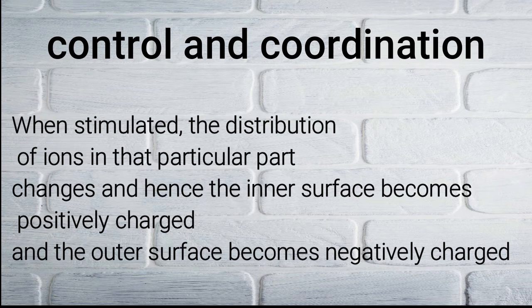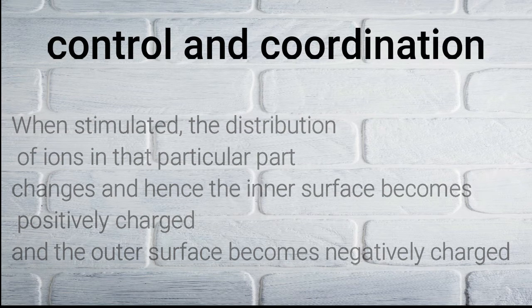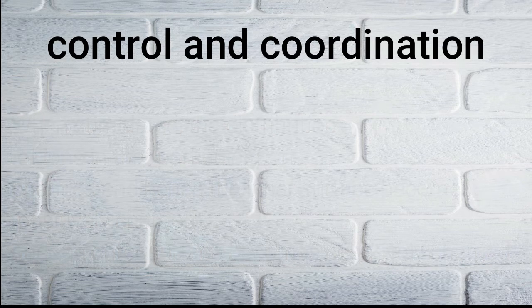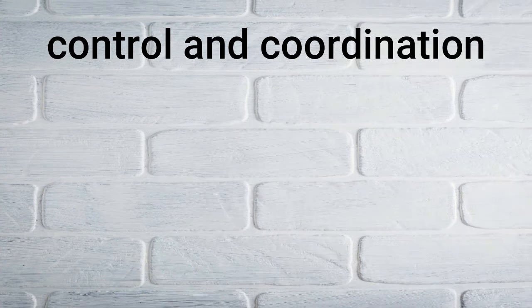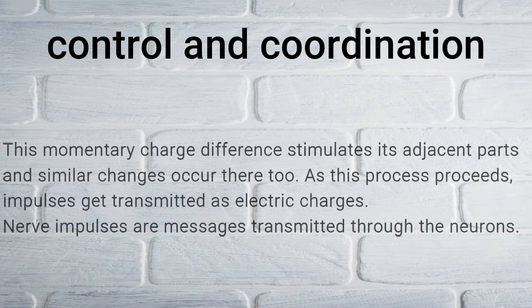Normally it is positive outside and negative inside. On signal, it changes to the opposite. This momentary change stimulates the adjacent part, and the next part also changes, and the previous part goes back to the earlier situation.